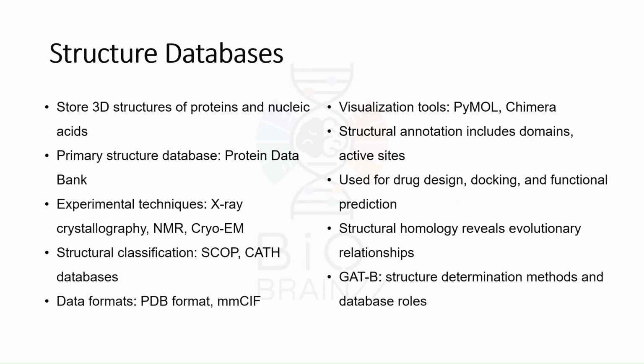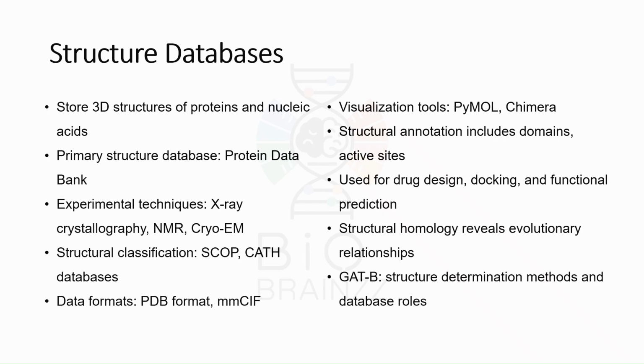Structural databases store 3D structures of biomolecules like proteins and nucleic acids. The most important database is the Protein Data Bank (PDB). These structures are obtained using experimental techniques like X-ray crystallography, NMR, and cryo-EM.